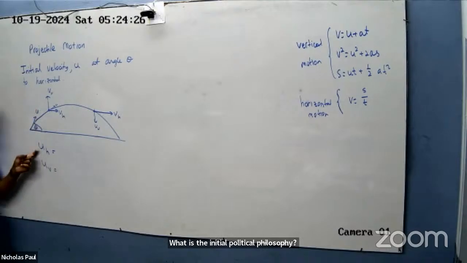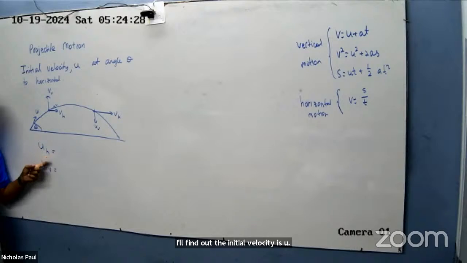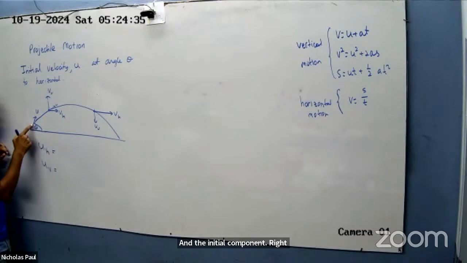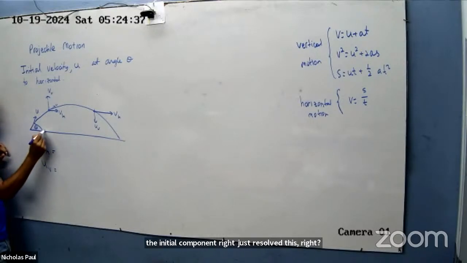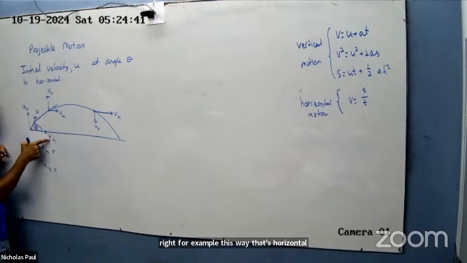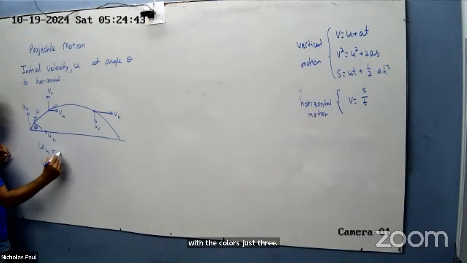How will I find the initial horizontal component and the initial vertical component? Just resolve this. Horizontal is this way, vertical is this way. So adjacent is horizontal, so that's u, and vertical is?